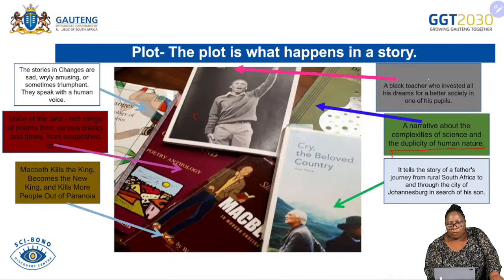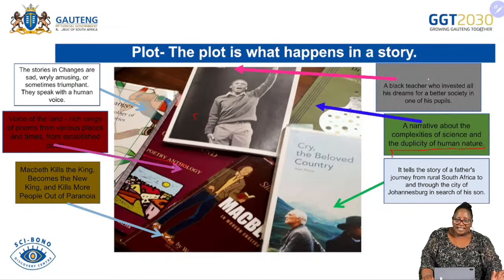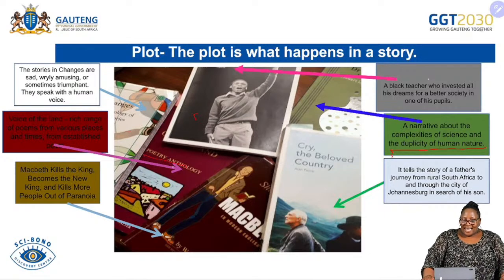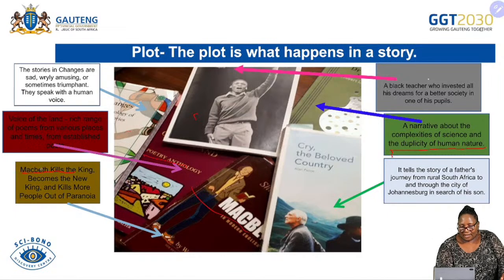Then we have Voice of the Land, our anthology of poems from various times and places that were found from established poets. Lastly, that brown book, we have Macbeth.